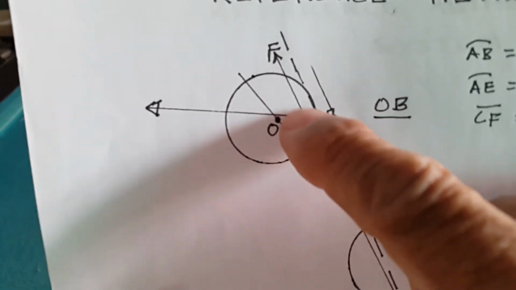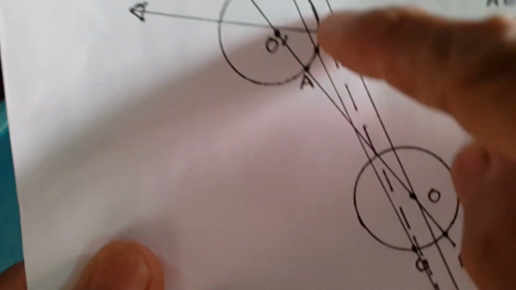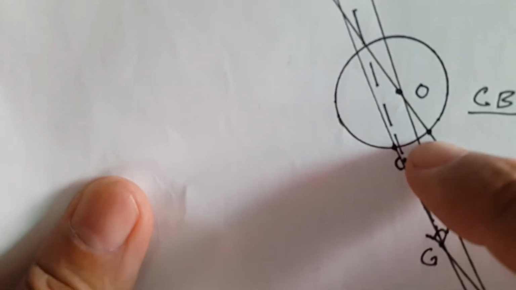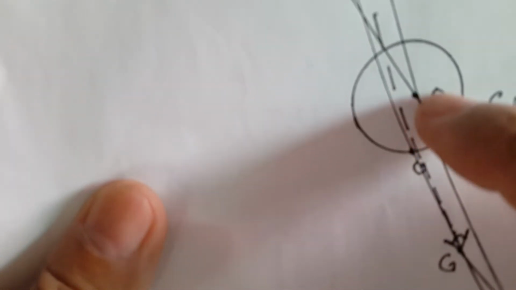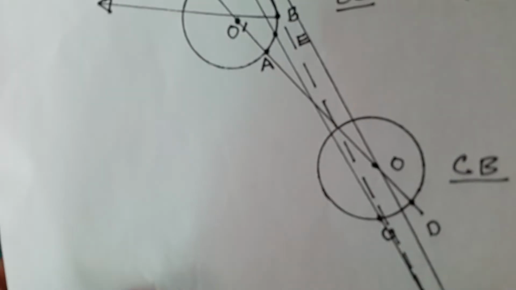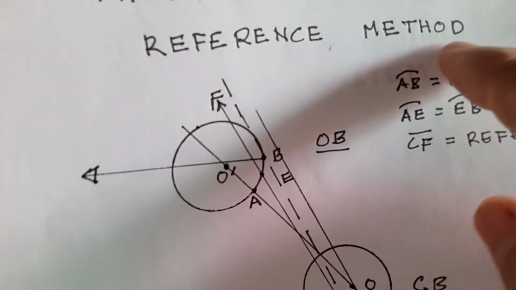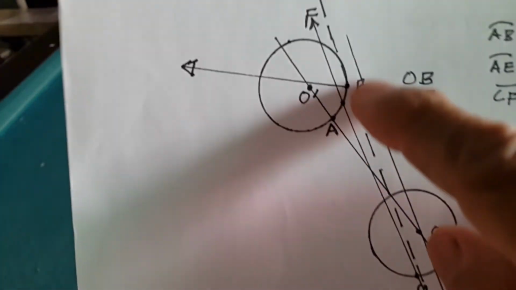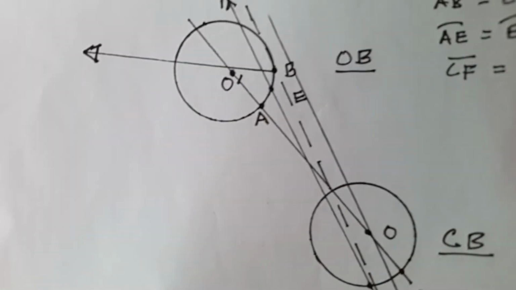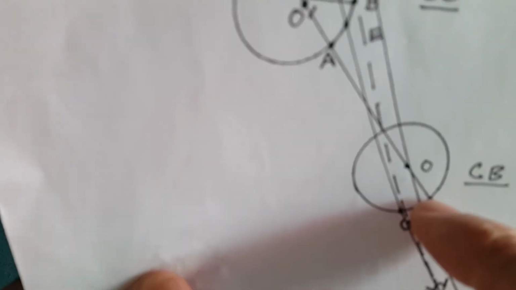If this procedure is done properly, the cue stick will hit at the center of the cue ball, meaning to say this reference method, as a kind of aiming system, can be used even for long distances and not only for short distances, because the cue stick is hitting the cue ball at the center.